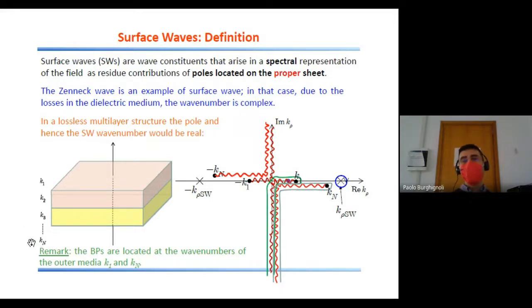Now it turns out that if you study the relevant spectral Green's function, the branch points are only associated with the wave numbers corresponding to the semi-infinite media. That is because the wave numbers of the intermediate finite thickness media do not give rise to multi-valued determinations of the Green's function, even if the vertical wave numbers in all media are expressed by square roots.